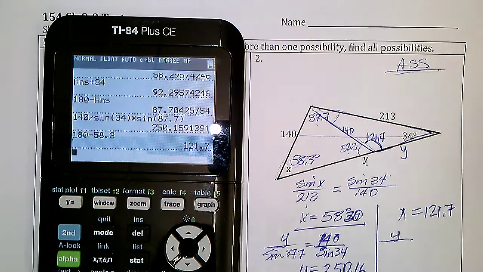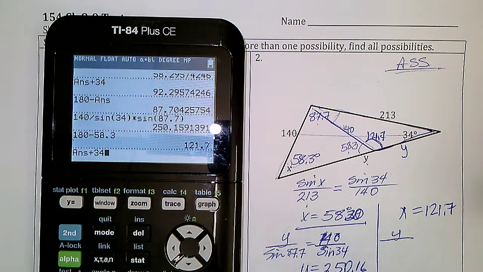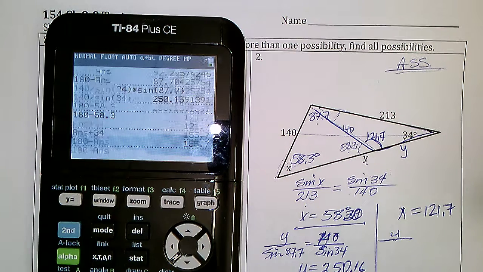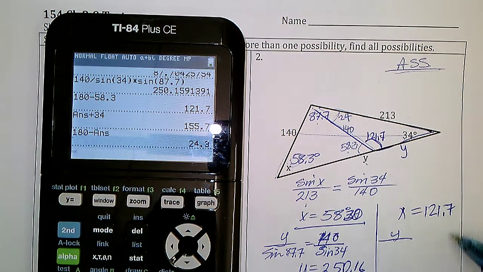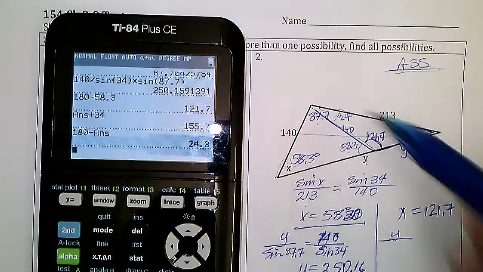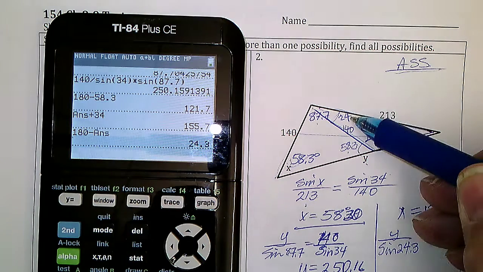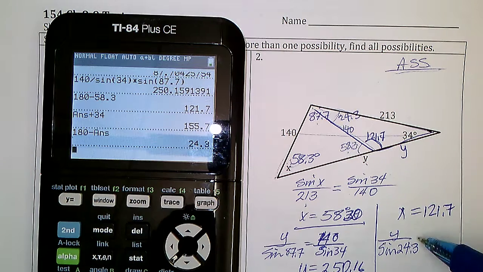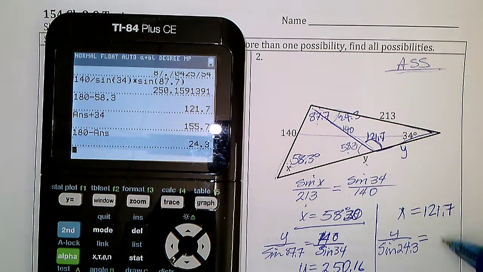And if it was, then y would be this much shorter side, y over the side angle opposite. This would no longer be 87. It'd be 121.7 plus 34. And 180 minus that answer, this would be 24.3 up here now. So y over the sine of 24.3 equals any other one, so 34, and opposite is 140.